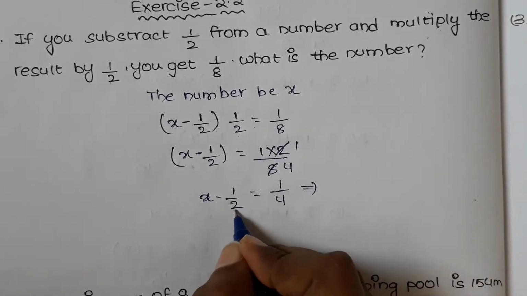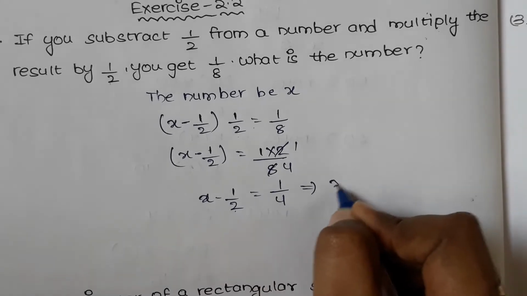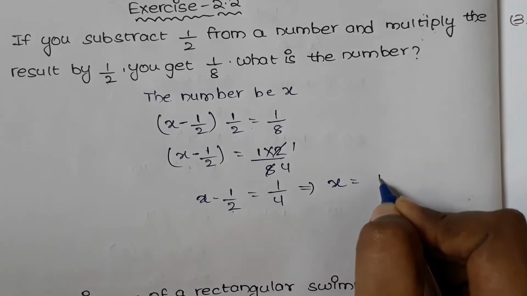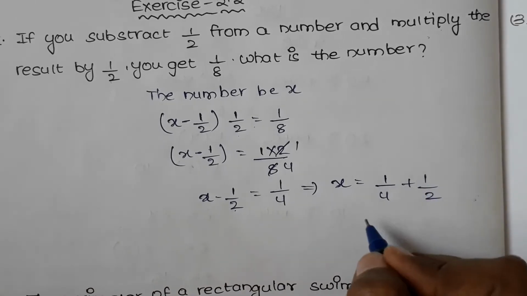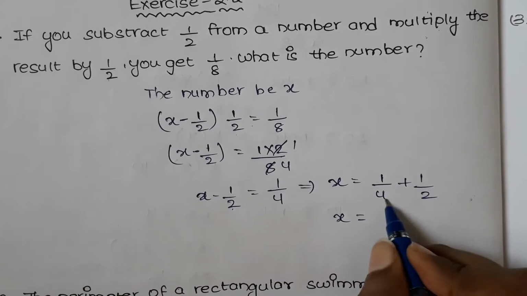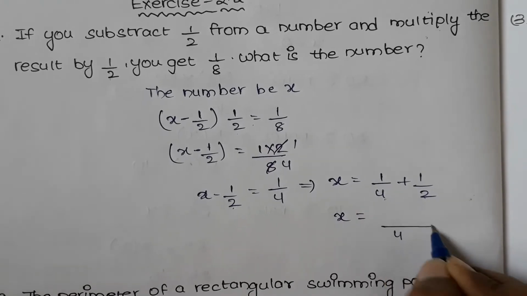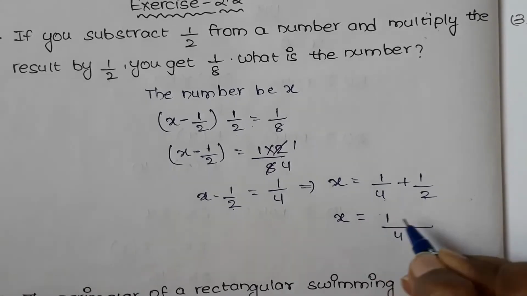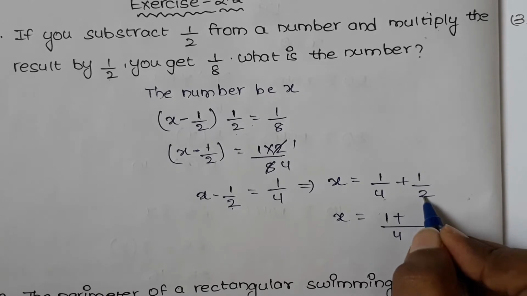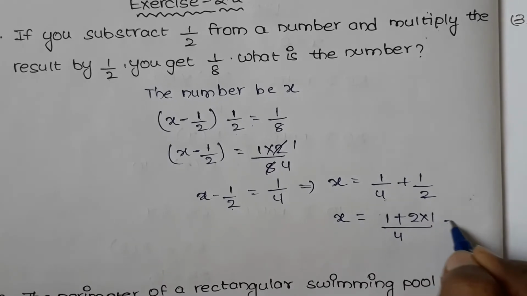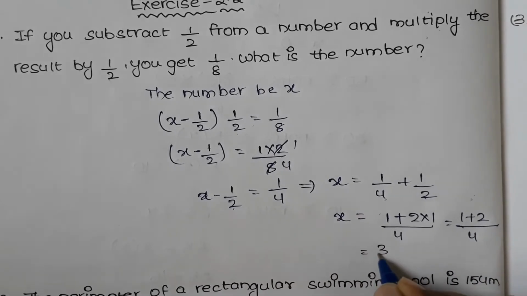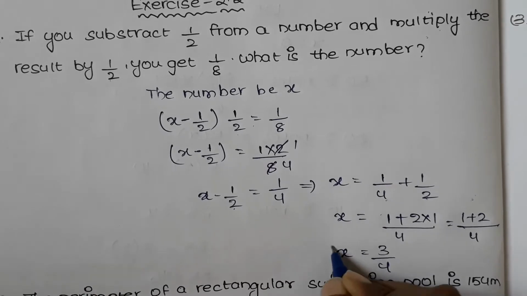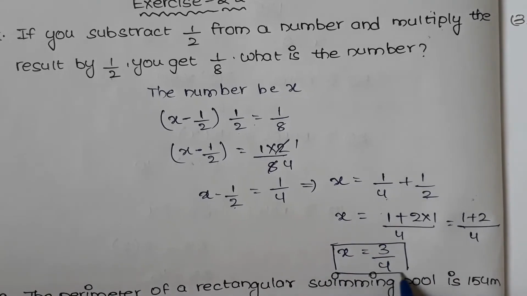Now this 1 by 2 is taken to the RHS side, that is x equals to 1 by 4 plus 1 by 2, that equals to, 4 and 2 LCM is 4, that is 1 plus 2 into 1, that is 1 plus 2 by 4, that is 3 by 4. X equals to 3 by 4 is the solution.